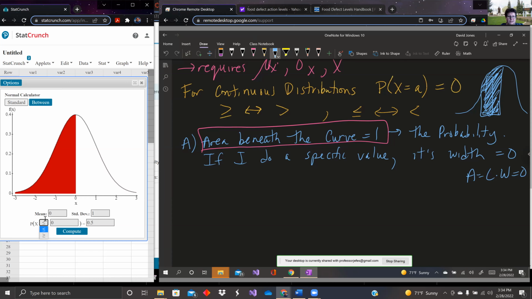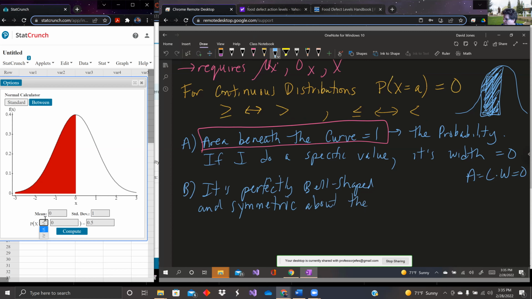It is symmetric. Notice that it's perfectly bell-shaped, and symmetric around the mean, which means the left half mirrors the right half in shape.